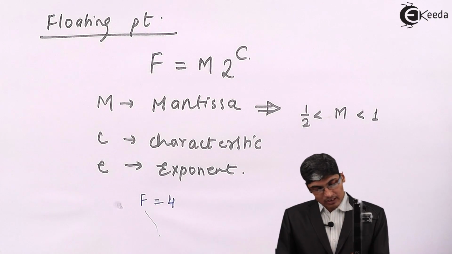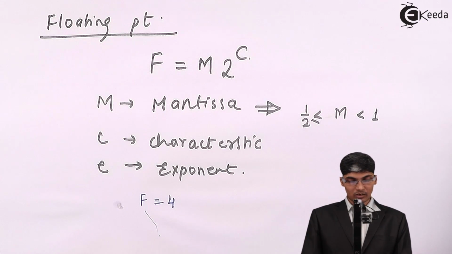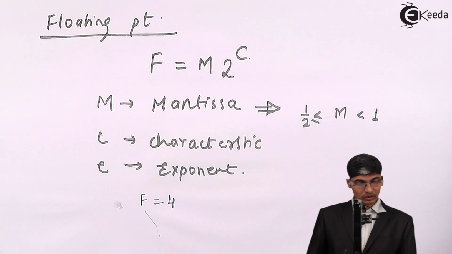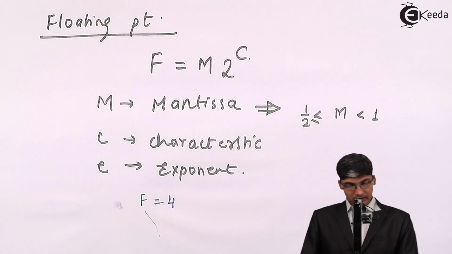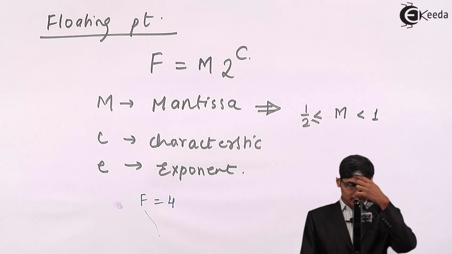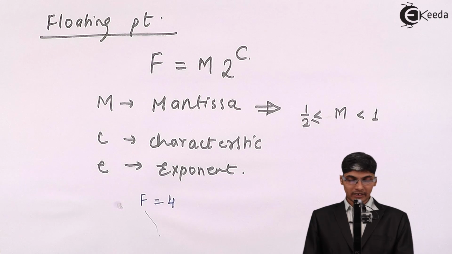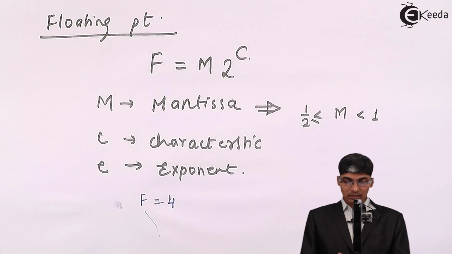So it can take the value half or 0.5, or it can take a maximum value of 1. Okay, so now how can I represent this number? I need to represent this number 4. Okay, so the minimum value that I can represent is 1 by 2. The maximum value that I can represent is 1.